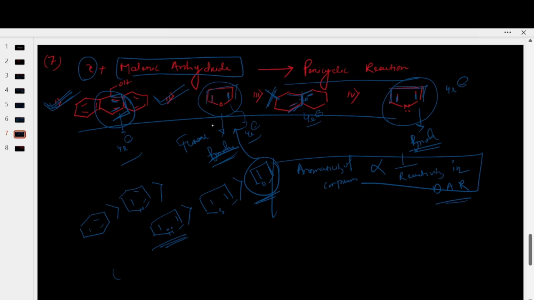For that, we have to protect that nitrogen with an acetyl functional group. If we have a substrate like this, now this pyrrole ring can act as a source of 4 electrons and take part in the Diels-Alder reaction.